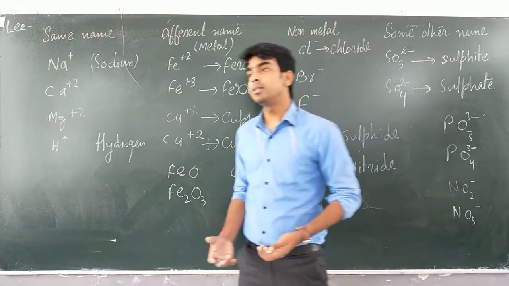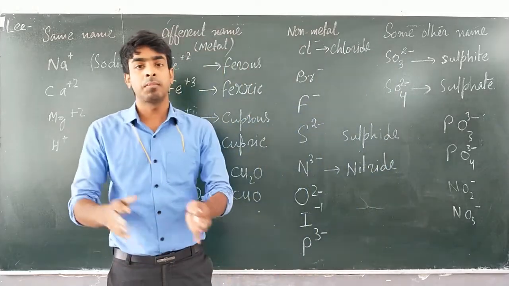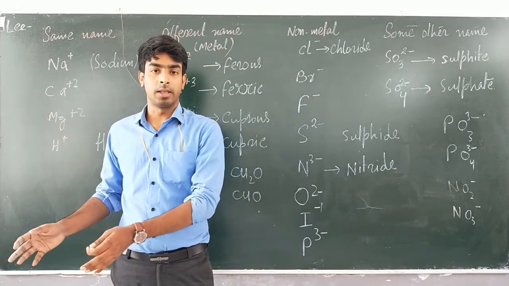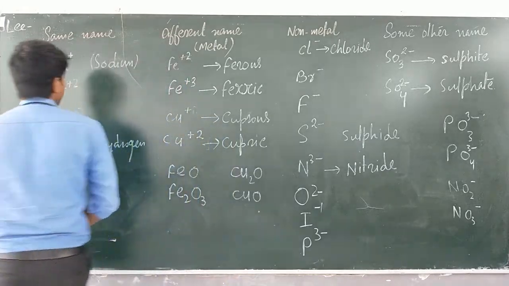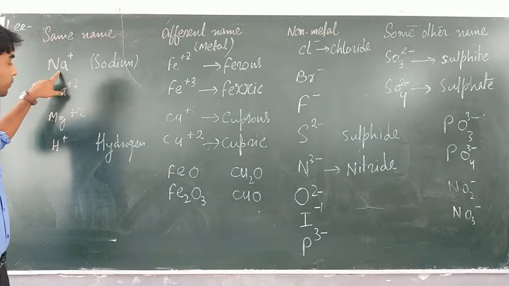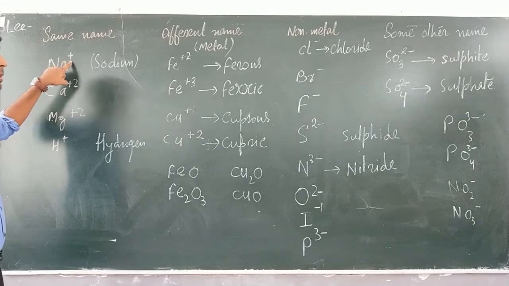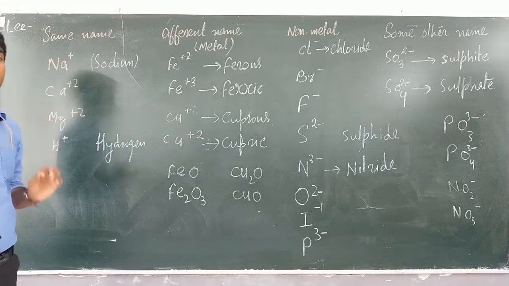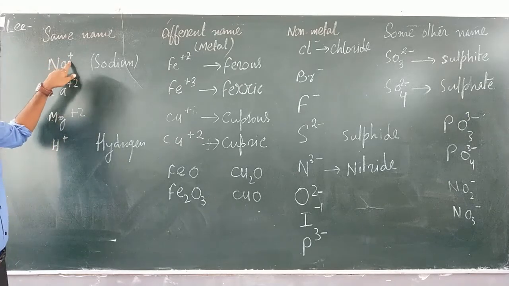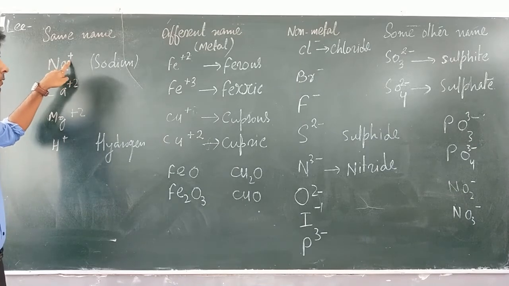Many radicals have exactly the same name as the element. For example, you're seeing over here sodium, Na plus. It is mono, that means a single charge, and positive, an electropositive radical.